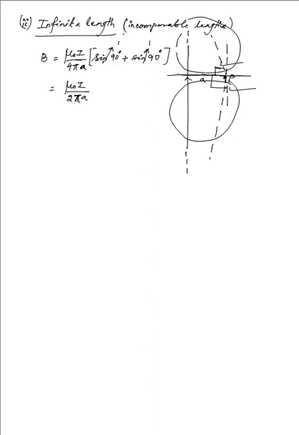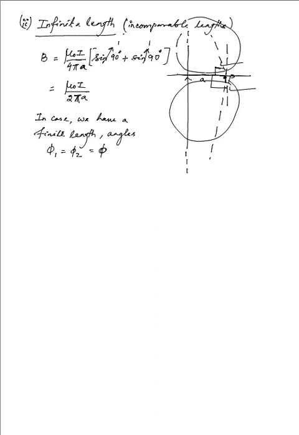So in case we have a finite length, the angles phi 1 will be equal to phi 2 for sure, and let that be equal to some angle phi.